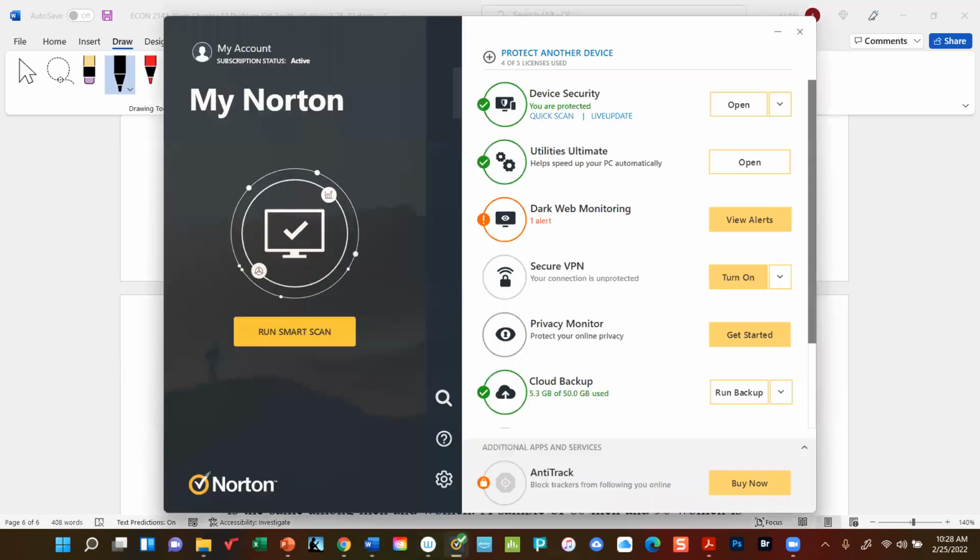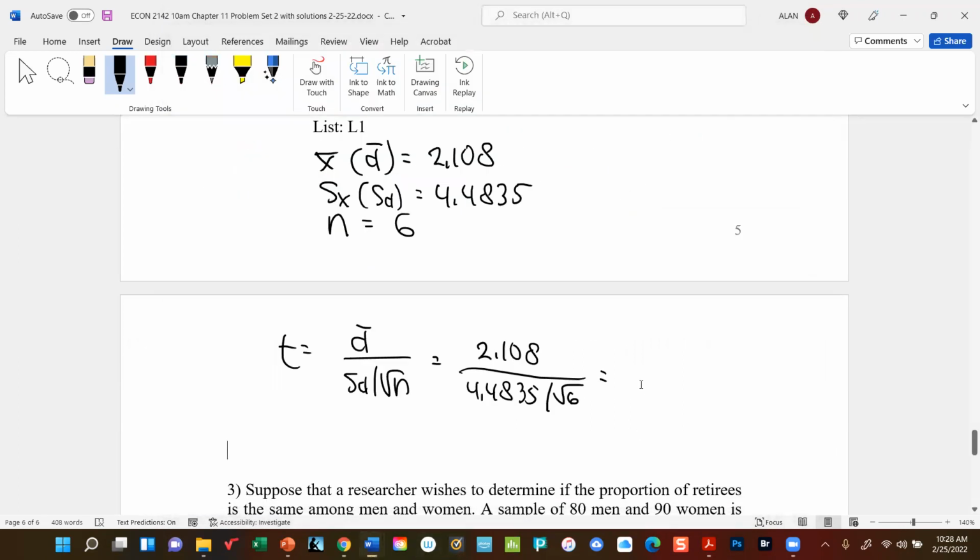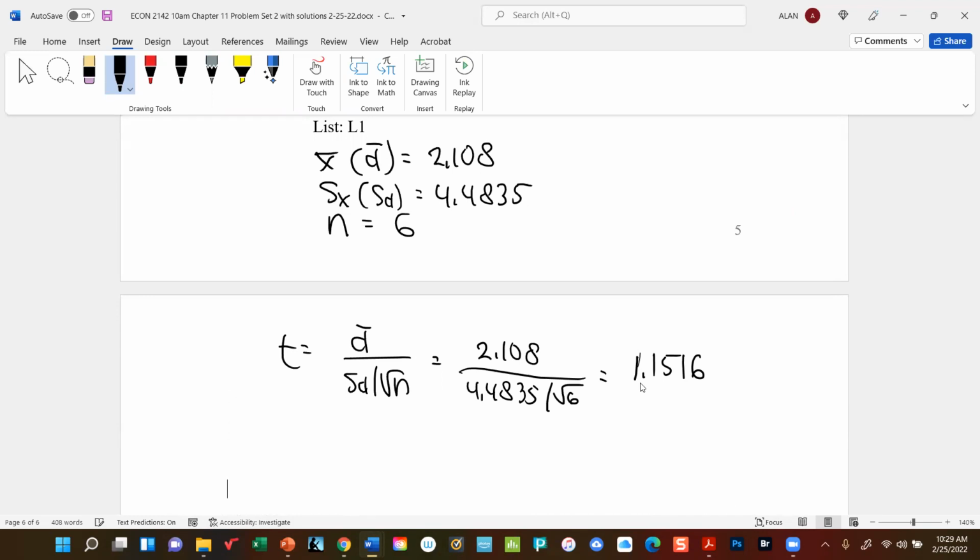Oh, hold on. 1.15, approximately. You don't have to use that many digits, but about 1.15 is fine. Okay, so it's a fairly small number. So it doesn't look like we're going to be able to reject the null.